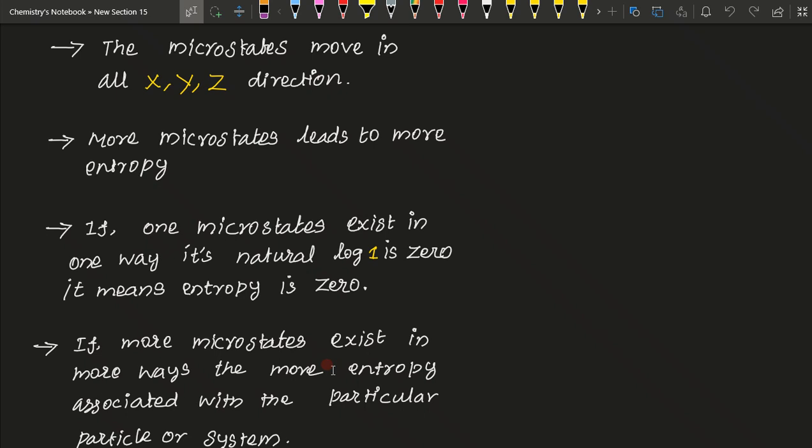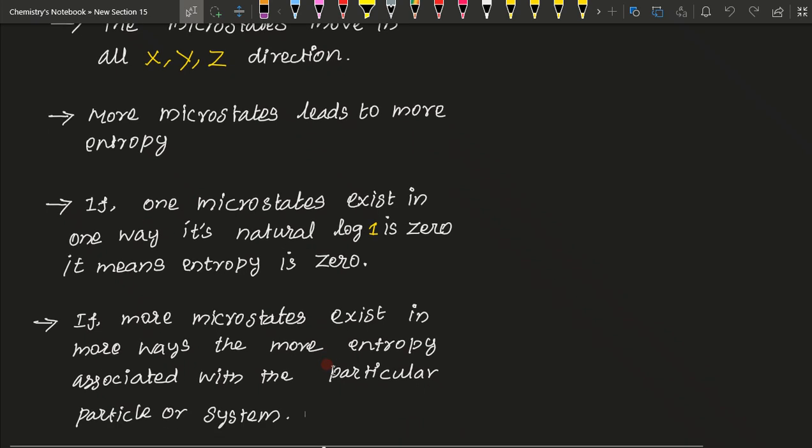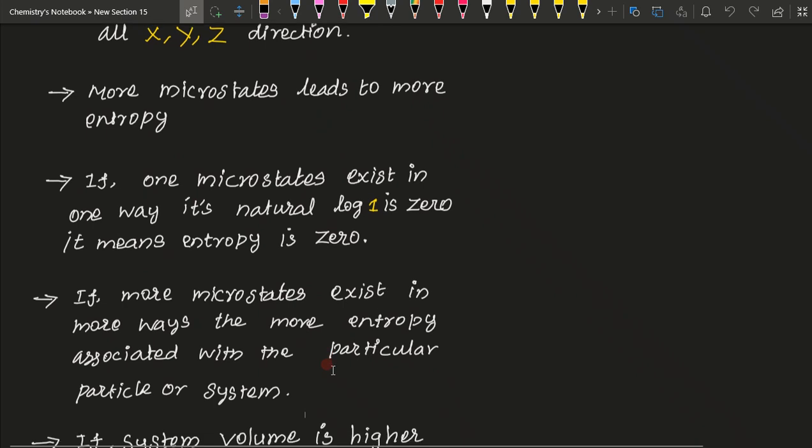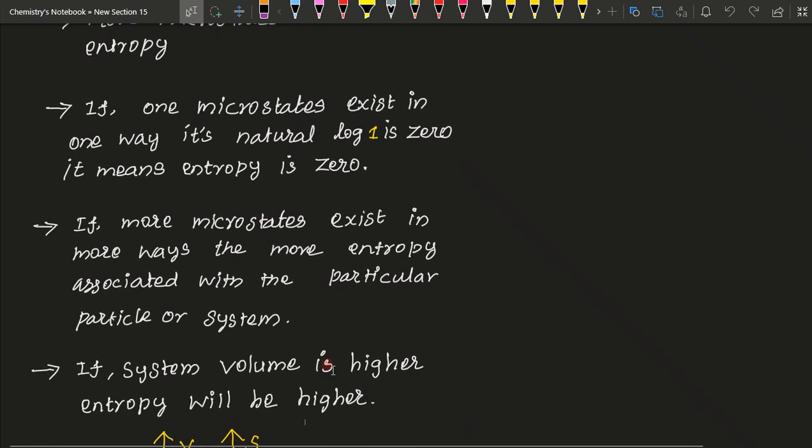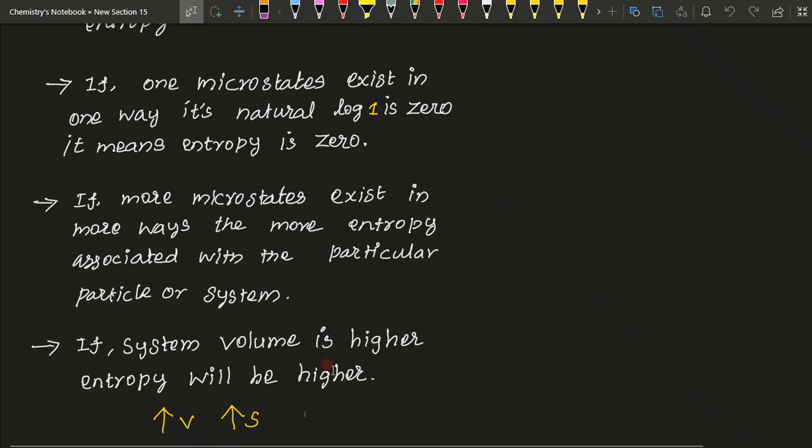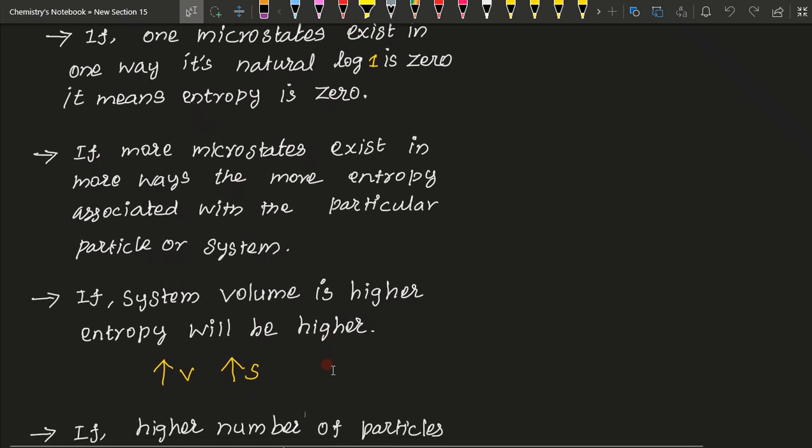It means entropy is 0. If more microstates exist in more ways, there is more entropy associated with the particular particle or system.